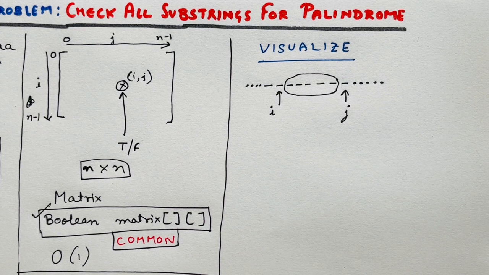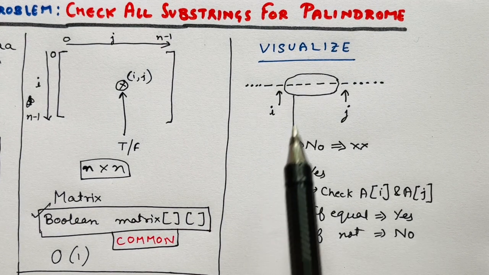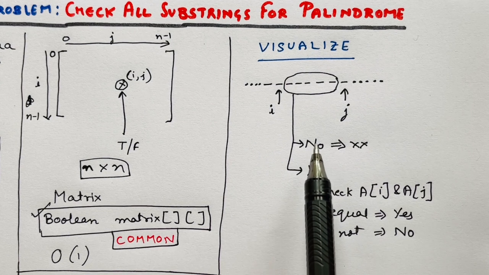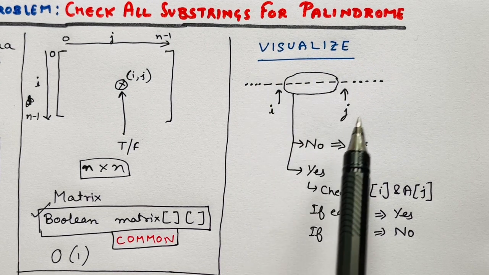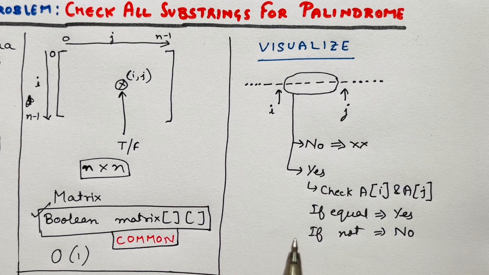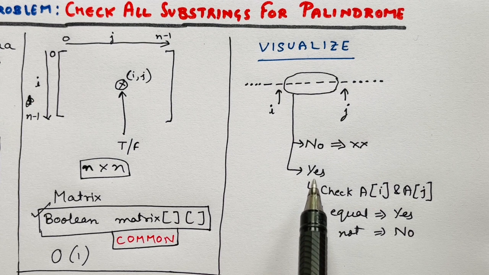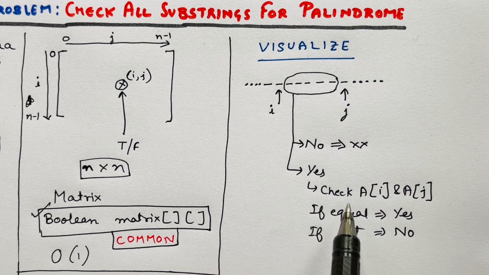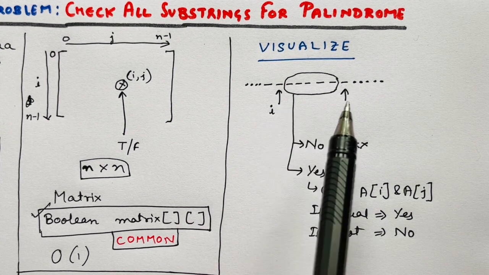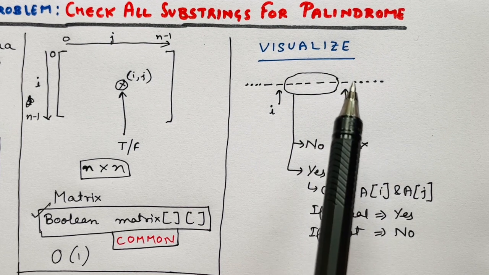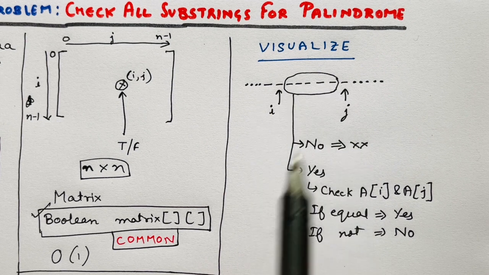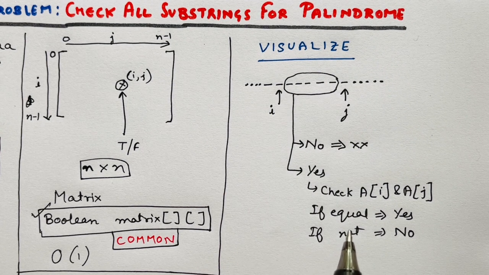Yes, I can. Let us say that he tells me that no, this is not a palindrome. So if this is not a palindrome, I can surely say that overall between I comma j is also not a palindrome. If he says that this is a palindrome, then I just need to check if these two characters are same as well, ai and aj. If these are same, then yes, the whole substring is a palindrome. If they are not equal, then no, this is not a palindrome.